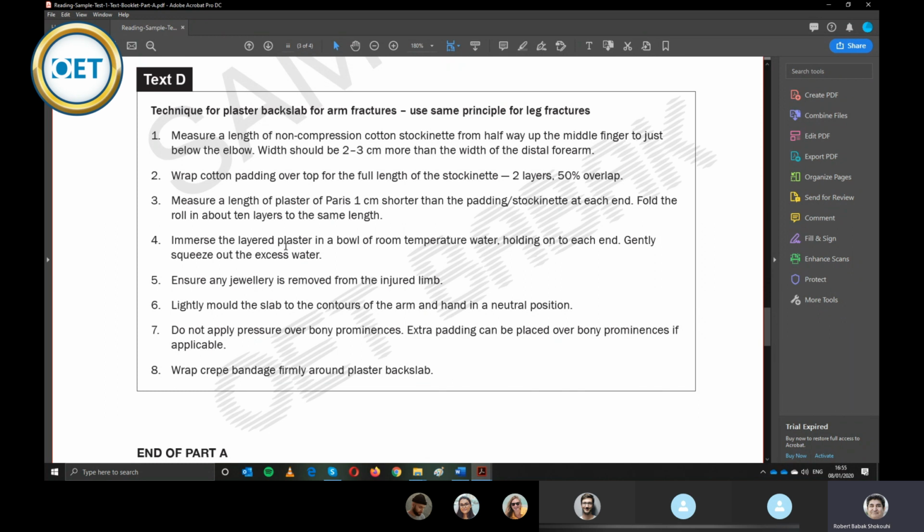Okay. Immerse plaster, room temperature water, holding each end and gently squeeze excess water. So I don't need to say gently squeeze out the excess water. No, gently squeeze excess water. So I don't need this bit. Or jewelry removed. Okay, ensure jewelry removed.